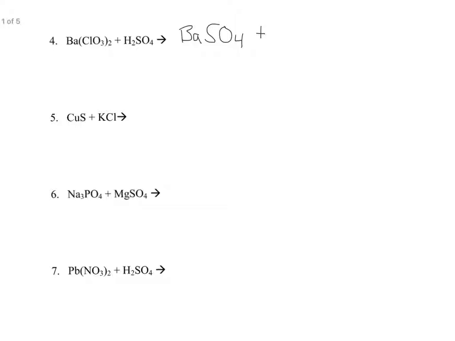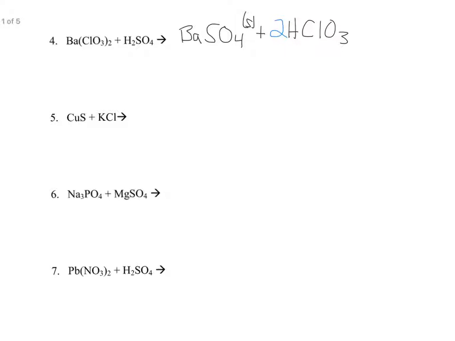It's near the bottom, it's heavy. And we get chloric acid, HClO3. So barium sulfate makes that a solid. Need to balance this out, and now we can see that I need a 2 here, and a 2 in front of that, and we're done.